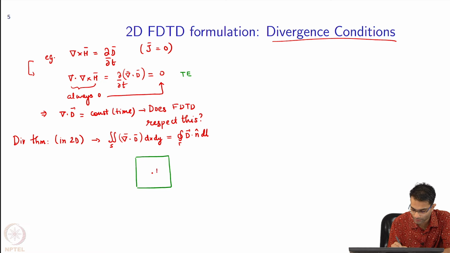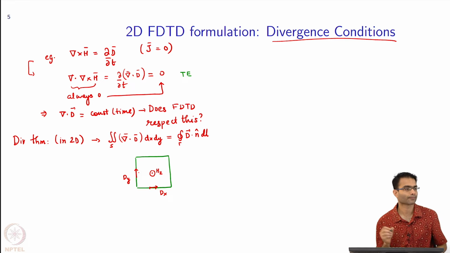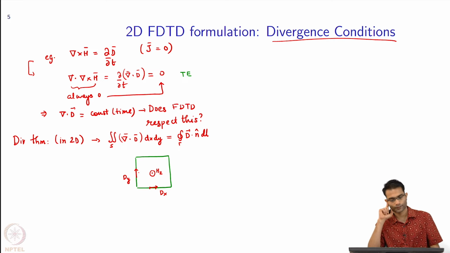Hz is here at the center, right? And the other two variables are Ex, Ey or Dx, Dy, one and the same. So this is my Dx, this is my Dy. This is the stencil that I have.